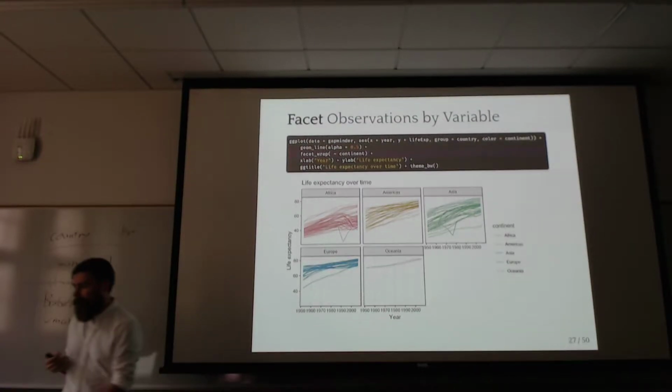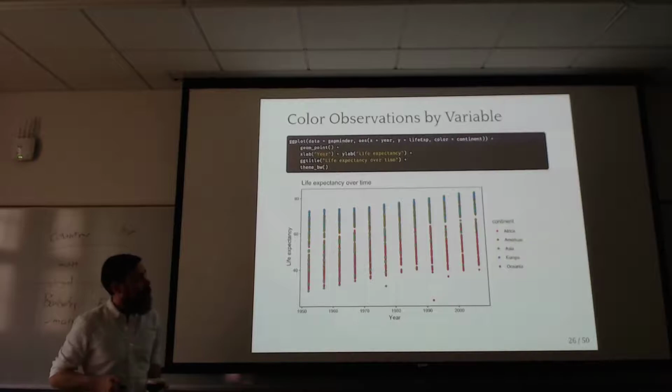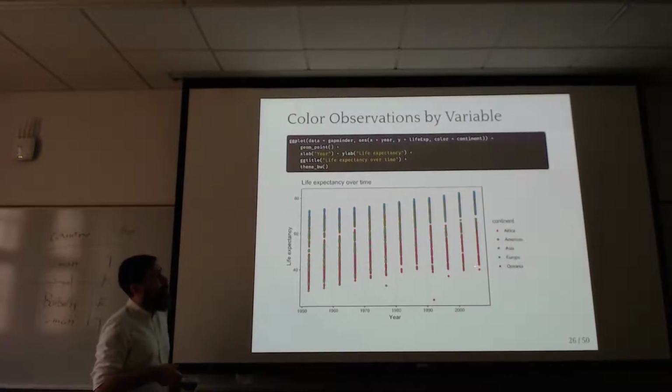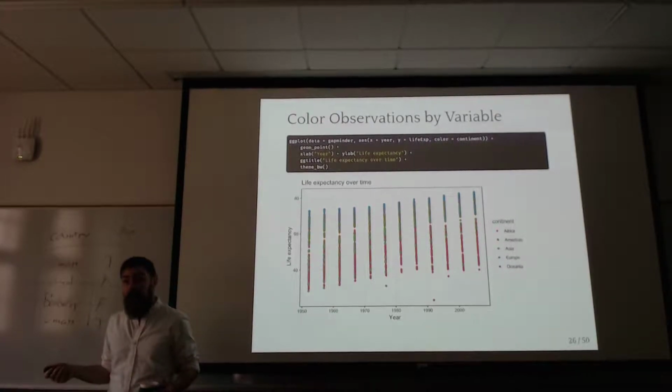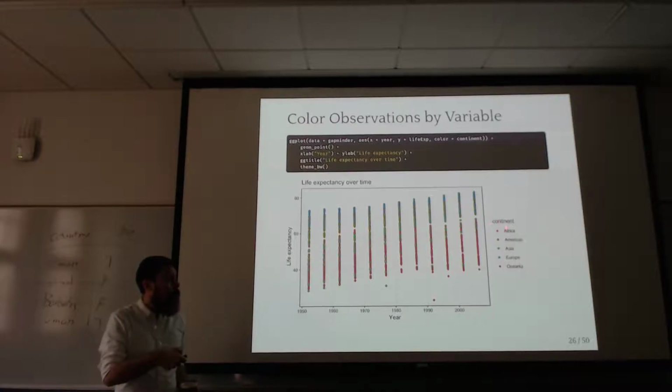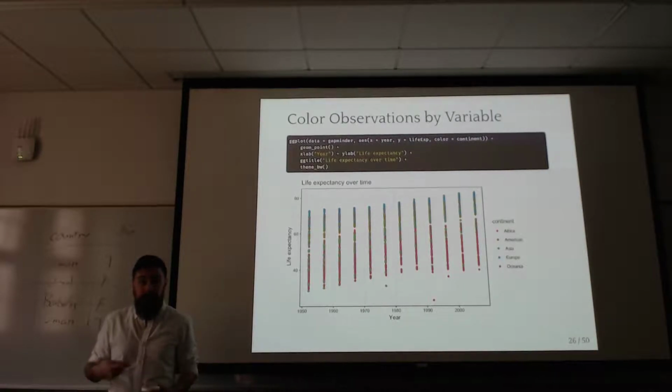What's calling the legend? What's bringing that into the game? I'm not manually calling the legend at all. The legend is being called by default because I've set color equals continent up here. It knows that by default, you're probably not going to know how these colors correspond to some textual data. So by default, it draws a legend. If you don't want the legend, you can turn it off, but it calls it by default.